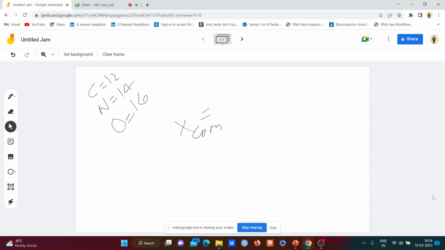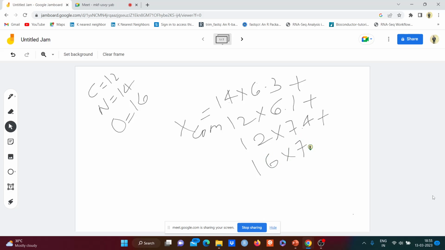So we have, first, the nitrogen atom, and its x coordinate is 6.3, plus next we have C alpha, which is a carbon atom, so 12 into its x coordinate, 6.1, plus next again a carbon, so 12 into 7.4, plus next we have oxygen, where 16 into 7.4, plus finally again carbon, so 12 into 5.9, divided by the sum of all the atoms that we consider, that is 14, 12, 12, 16 plus 12.